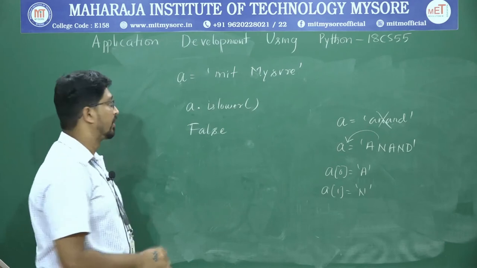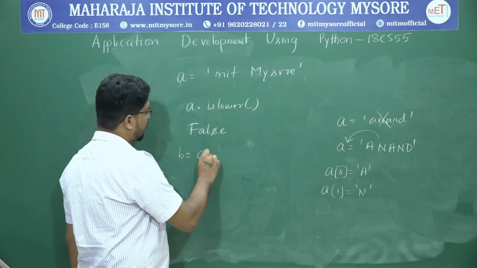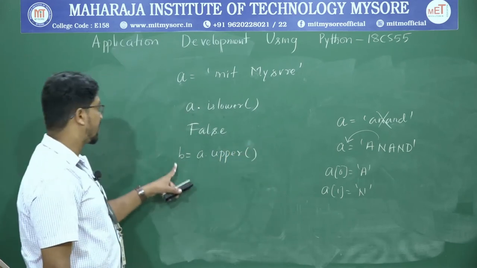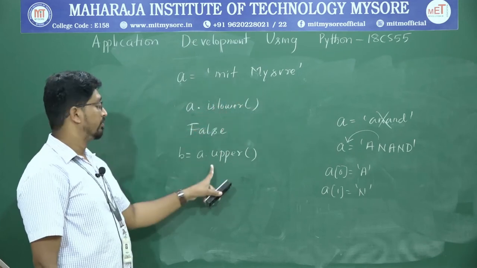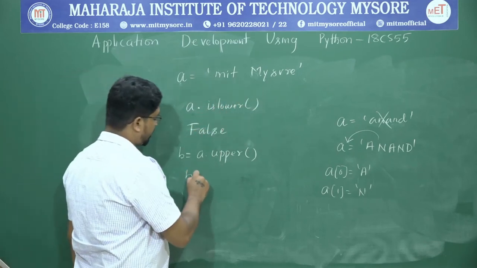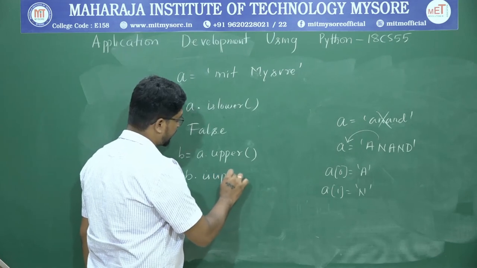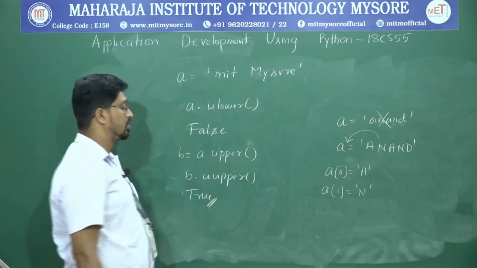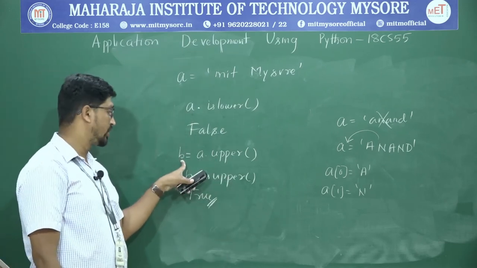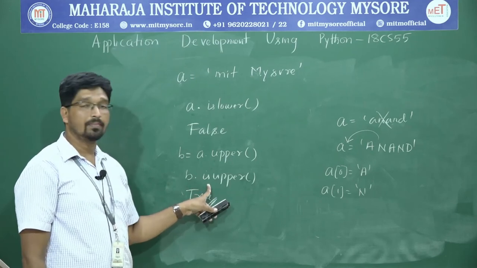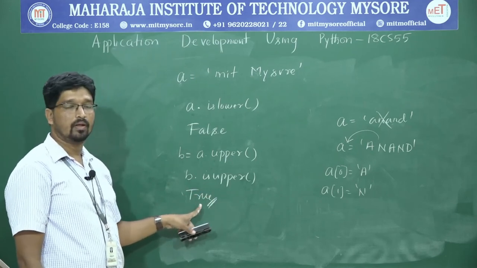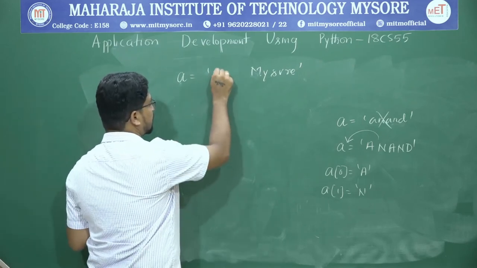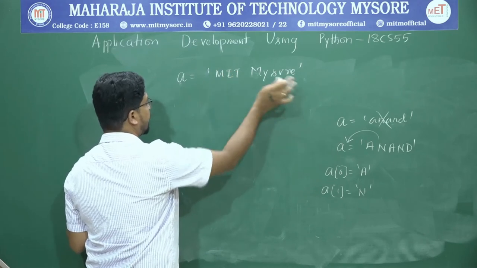uppercase character. Okay, let us consider B is equal to A dot upper. So now B contains MIT Mysore, which is in uppercase. Now if you check B dot is upper, you will get true as a result because all the characters are converted to uppercase and stored into B. Or else, let us say you reassign A is equal to MIT Mysore.